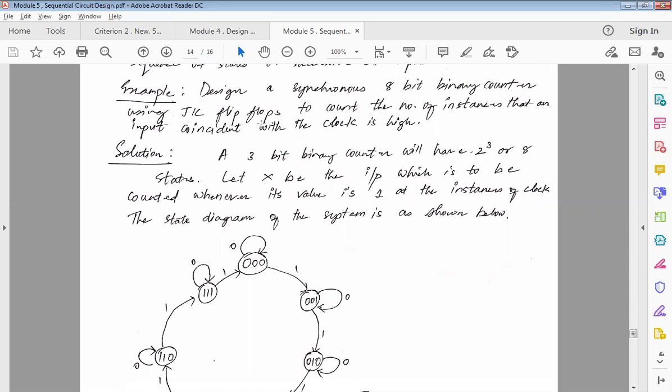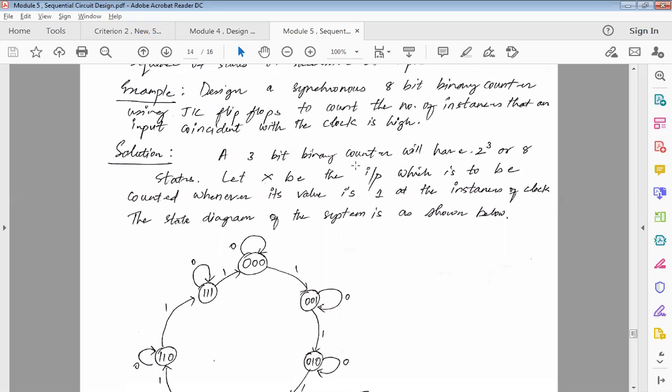So we need to understand how we get the characteristic table and the excitation table of the JK flip-flop. Probably in my next lecture, we'll be revisiting these flip-flops. And this needs to count the number of instances that the input coincident with the clock, when the clock is high. So in simple terms, whenever the clock is high, it should go to the next count. So that's the question.